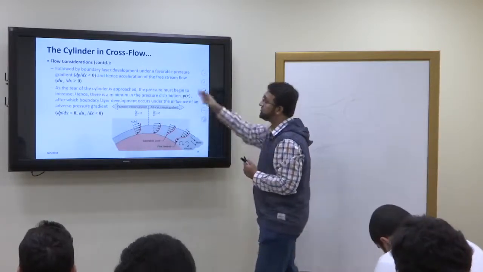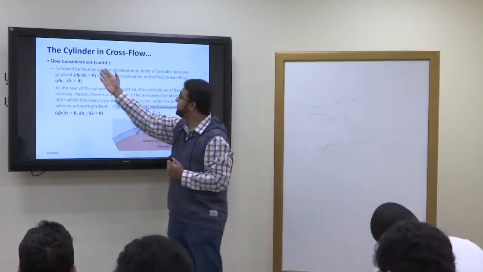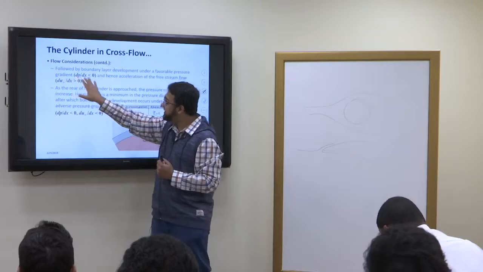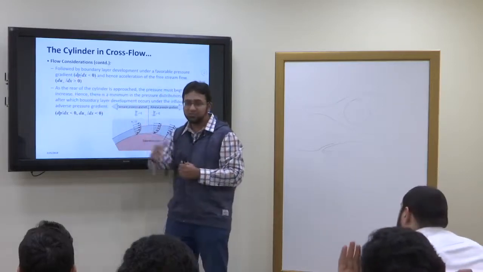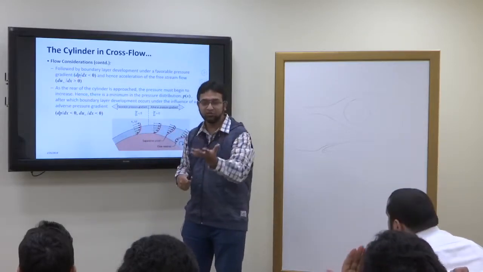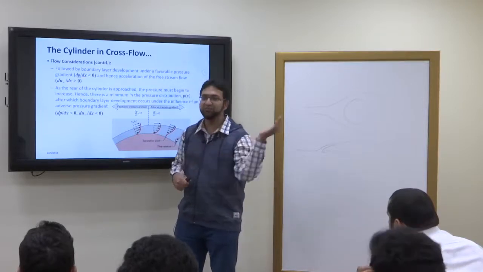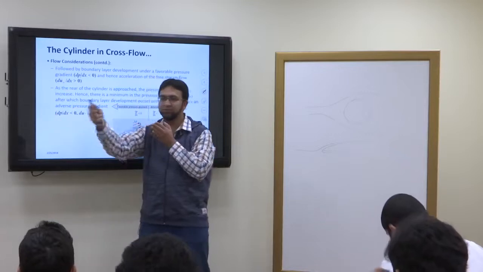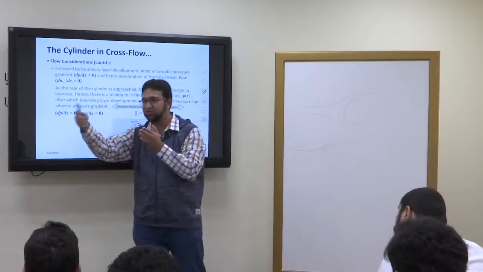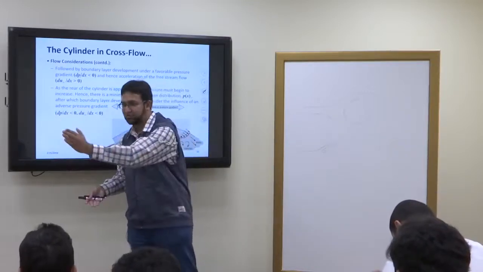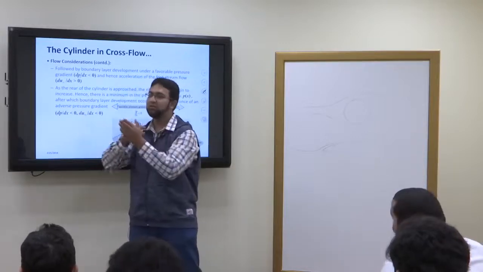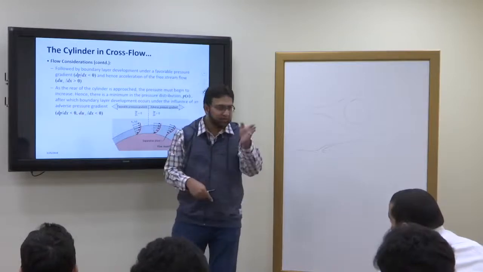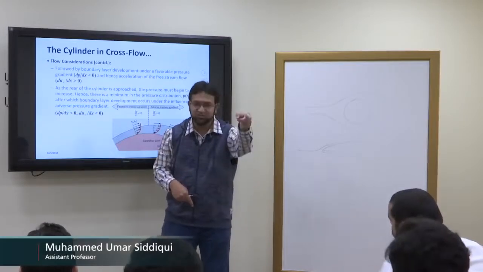Okay, so this is the discussion written here, followed by the boundary layer development under a favorable pressure gradient, dP by dx less than 0. Obviously, in any flow, for example with a temperature gradient, if it is negative, then heat will flow. Heat will flow in the direction in which the temperature is decreasing.